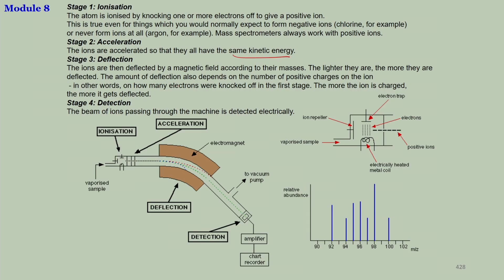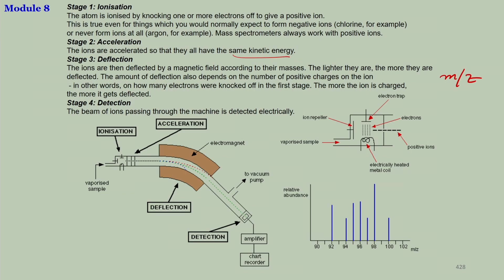The amount of deflection also depends on the number of positive charges on the ion. So, it is basically again M by Z separation, mass by charge. In other words, it depends on how many electrons were knocked off in the first stage. The more charged the ion is, the more it gets deflected.